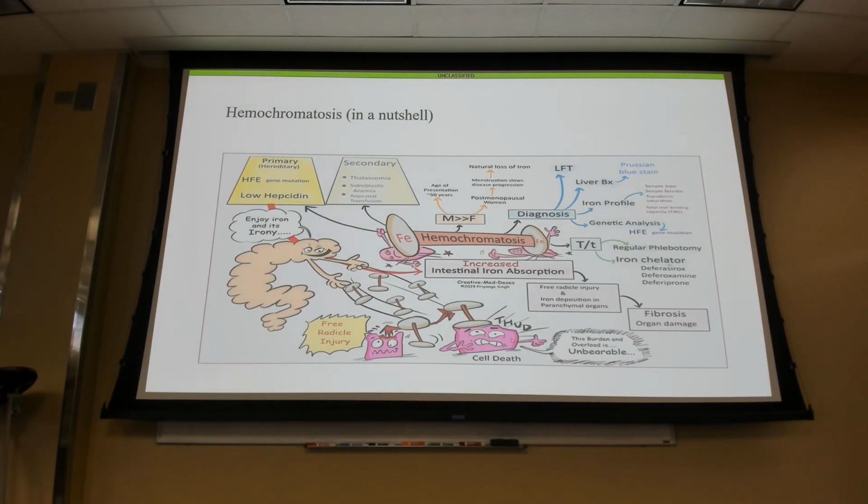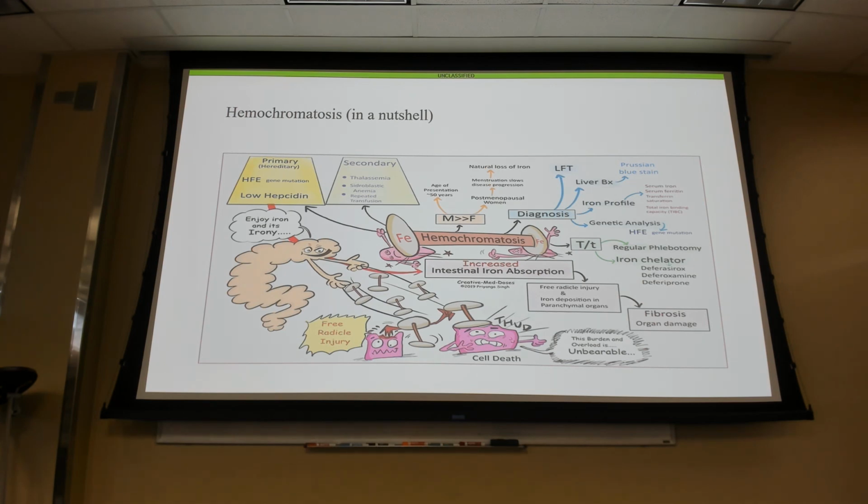All right, there's your hemochromatosis in a nutshell. Increased intestinal iron absorption. Why? Because my hepcidin is low, so I'm letting all the iron in, flooding my system, and it's getting deposited everywhere. The fact that it's getting deposited everywhere, not good, right? And then to treat, phlebotomy, chelation therapy.